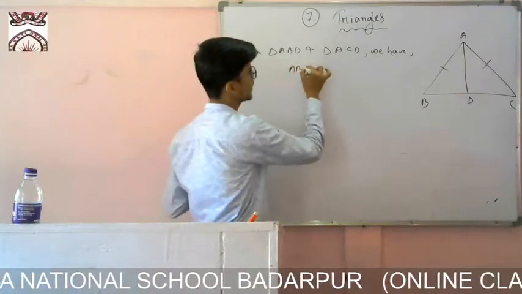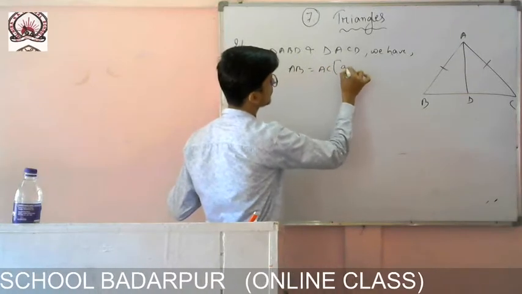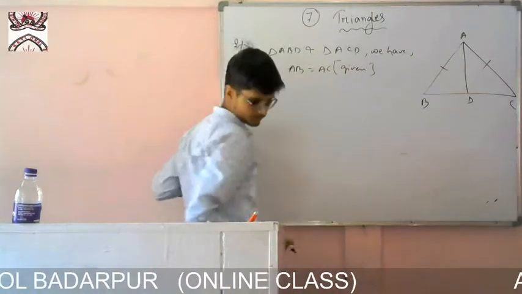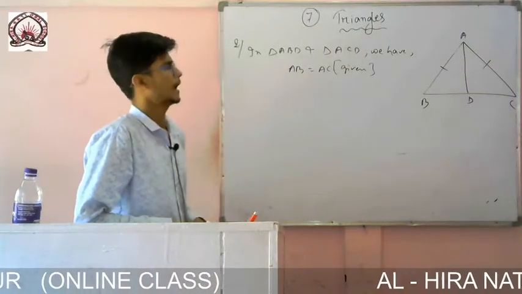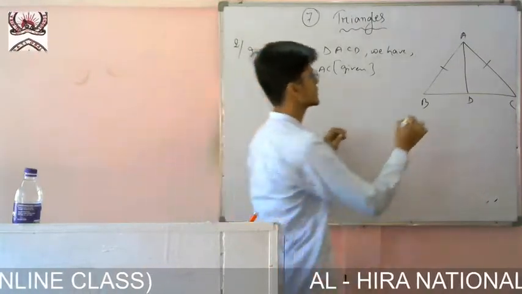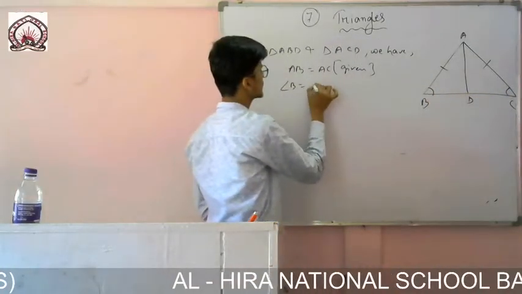It is given AB is equal to AC. Then if AB is equal to AC, that means angle B is equal to angle C. So I can write angle B is equal to angle C.